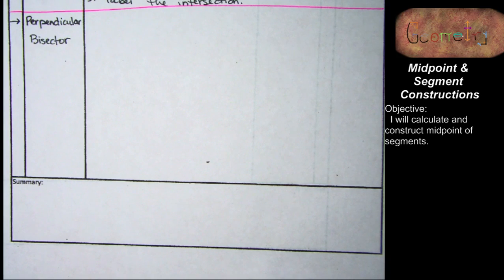I feel reasonably sure that if I said what's perpendicular, about half of you would be able to say, I've heard that word before. Isn't it like a plus? Most of you could tell me you've heard the word before, and about half of you can give me a good description.